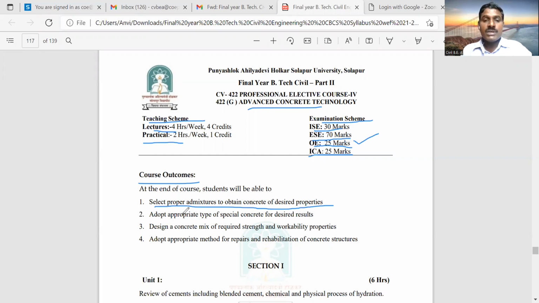So this is a long time period. To maintain the workability and quality of concrete, we have to use admixtures. So what proper admixtures we have to use, that we have to select. That is one of the outcomes.